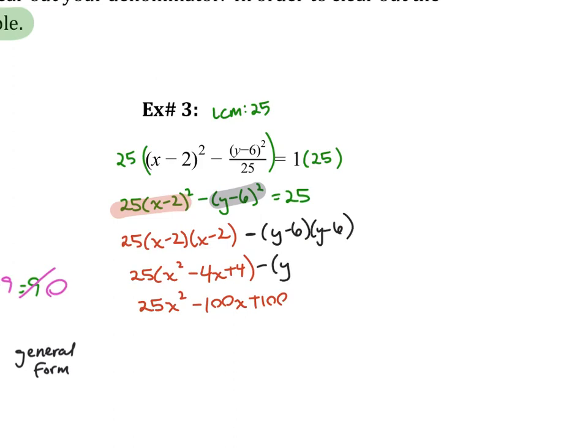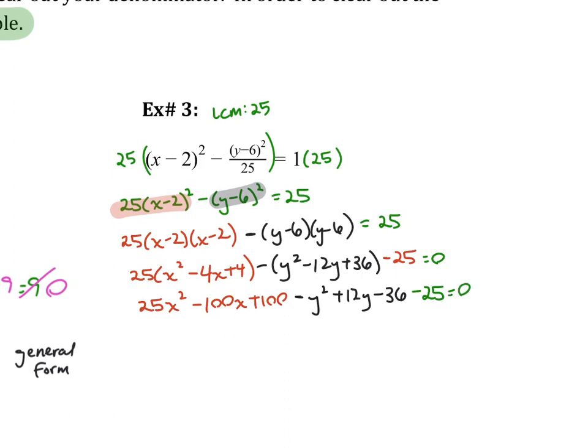So I'm subtracting that entire quantity of y squared minus 12y plus 36. And let's deal with this. I'm going to subtract the 25 from both sides on that second to last line. Distributing the negative through, I get negative y squared plus 12y minus 36, and then minus 25 equals 0.